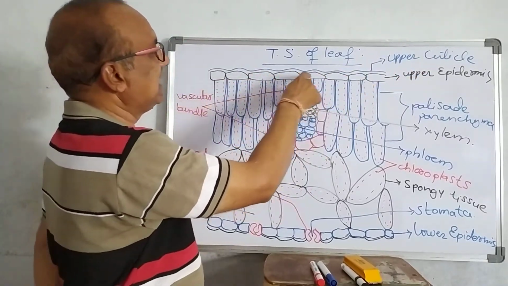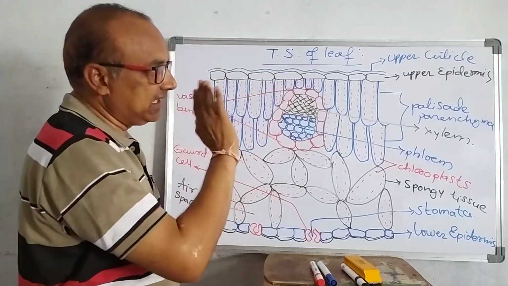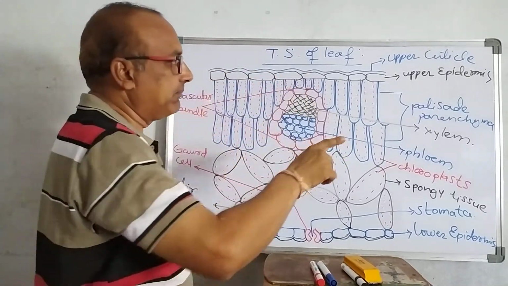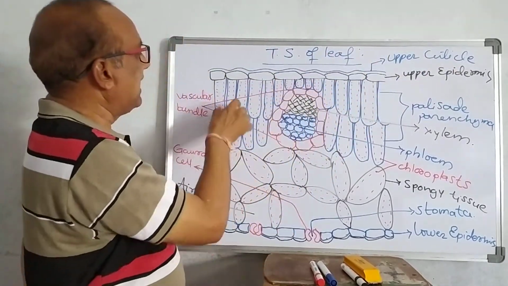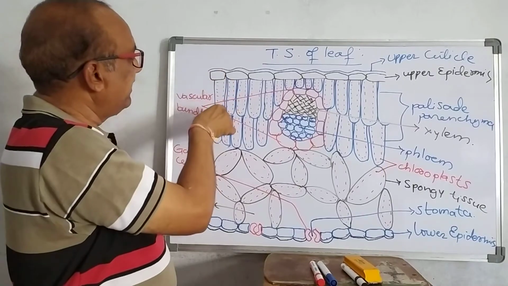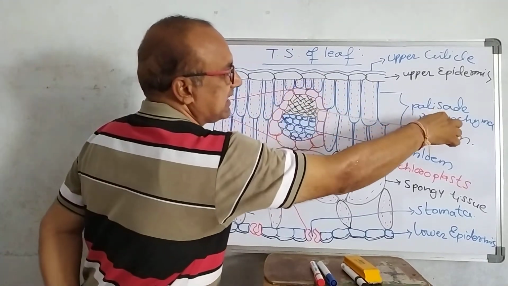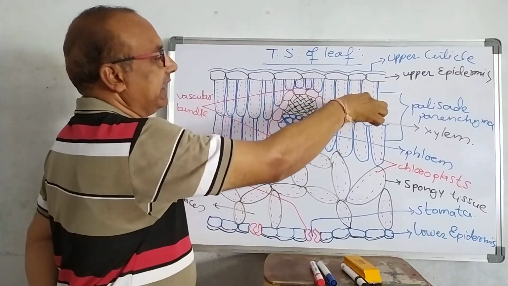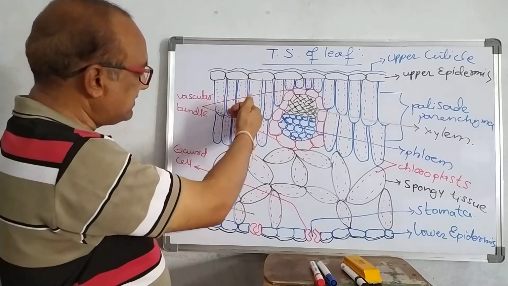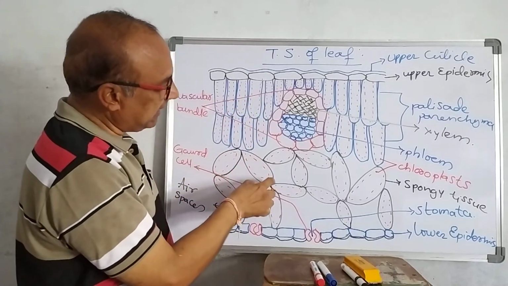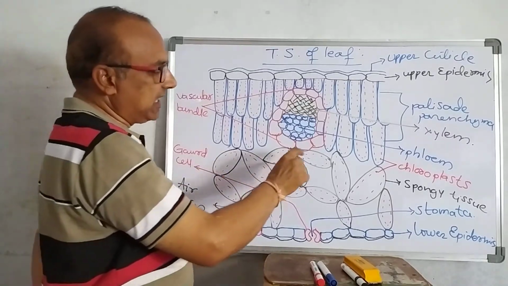Beneath that, the single celled layer, compactly arranged without any intercellular spaces between them, is called upper epidermis. And just beneath that, the suspended cylindrical elongated cells in two rows are called palisade parenchyma, containing numerous chloroplasts in them.